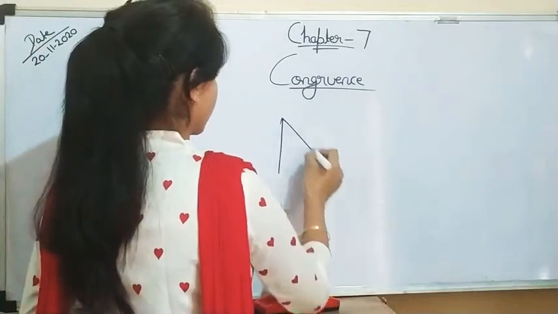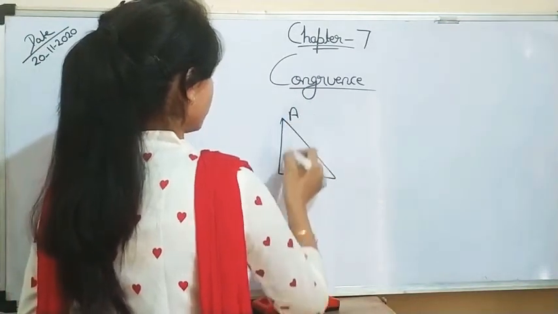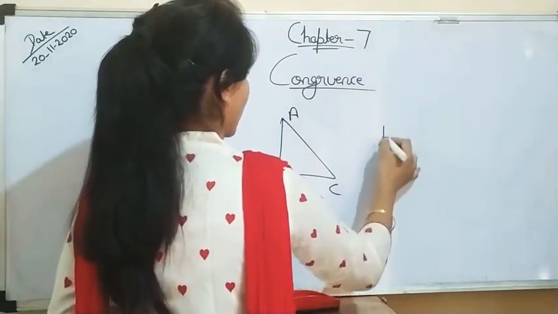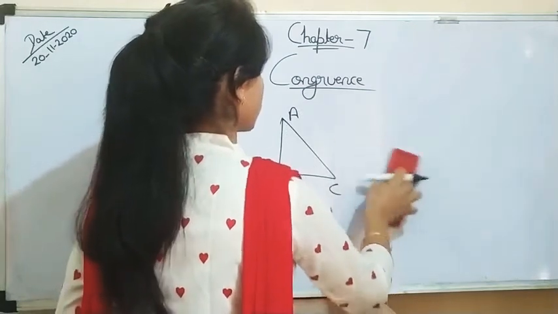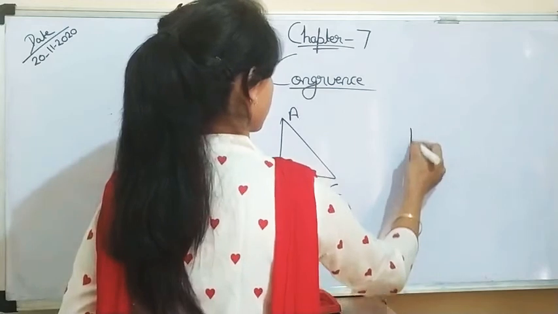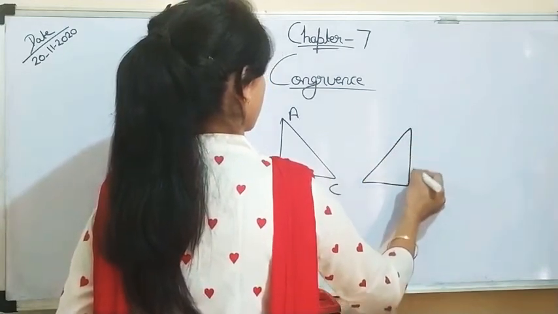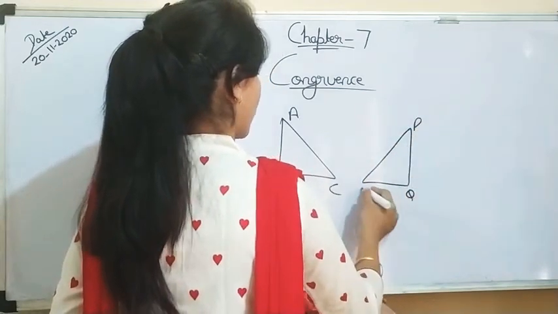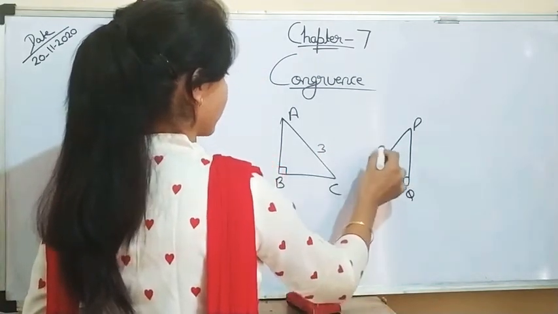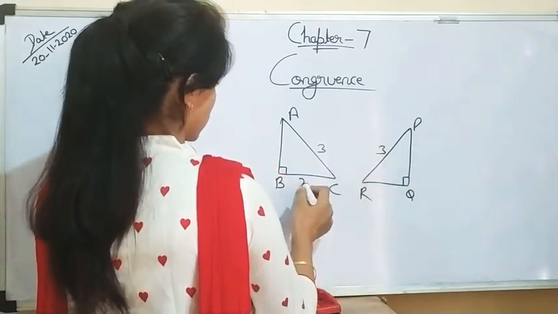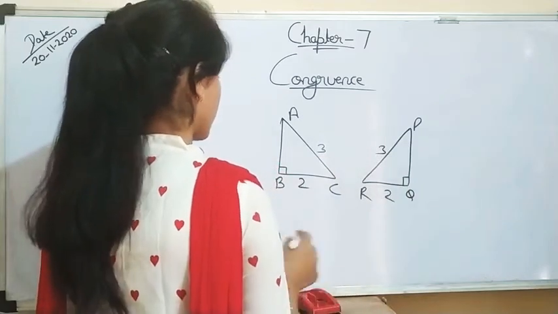Suppose this is ABC and this is PQR. Okay. This makes a 90-degree angle. This is 3 and this is 2 centimeters.